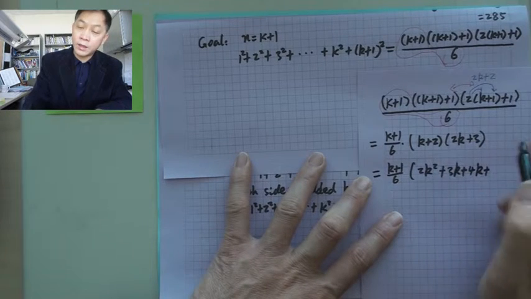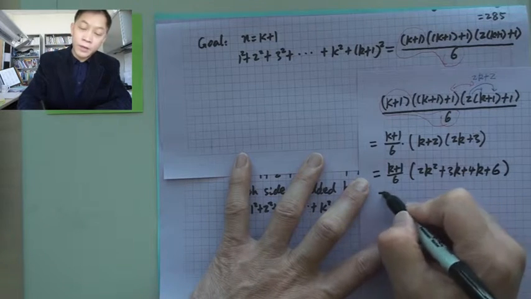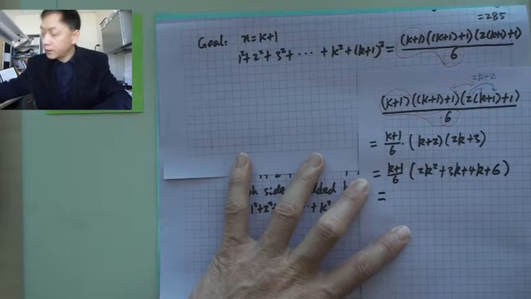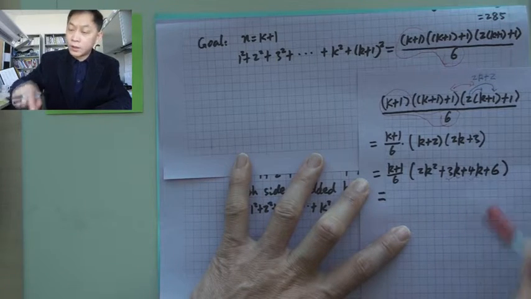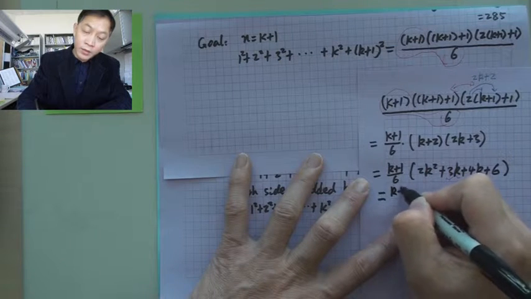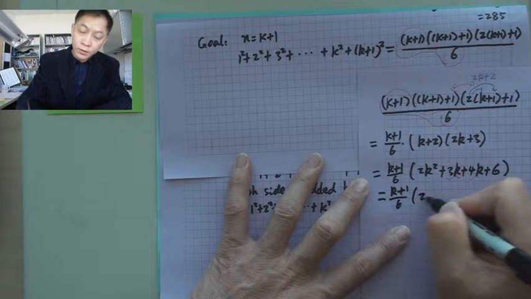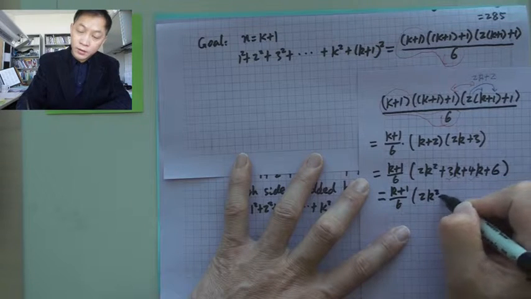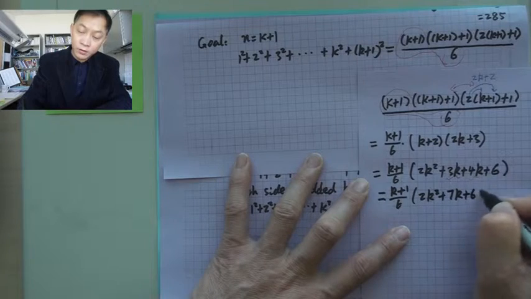The last product is 6. Now you can combine those two together because this is 3k, this is 4k. So what do we get? k plus 1 over 6, 2k squared plus 7k plus 6.